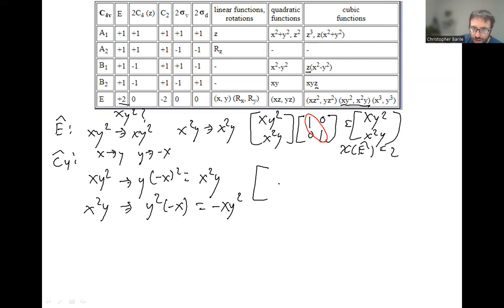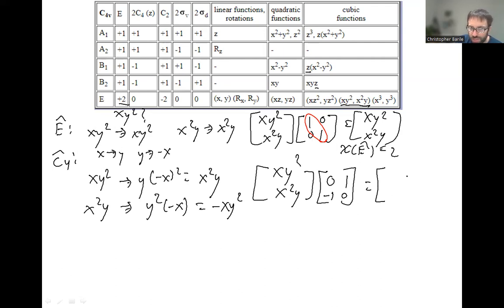So now we can write our matrix, xy squared, x squared y. This is definitely the most interesting example of the video. And what we end up getting was, well, xy squared went into x squared y. So we're going to have a 0 and a 1 here, and then a negative 1 and a 0.